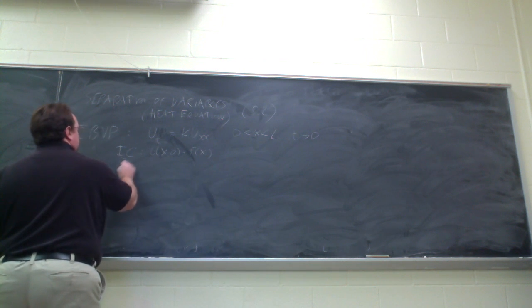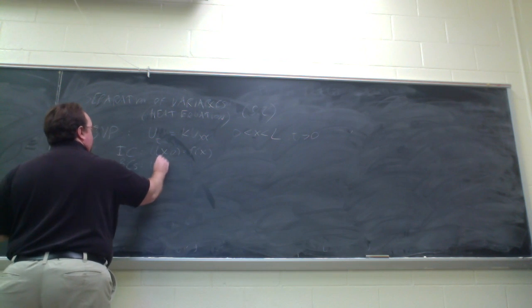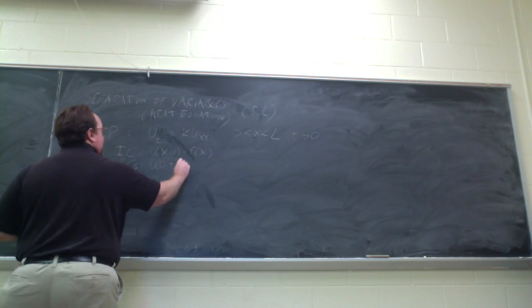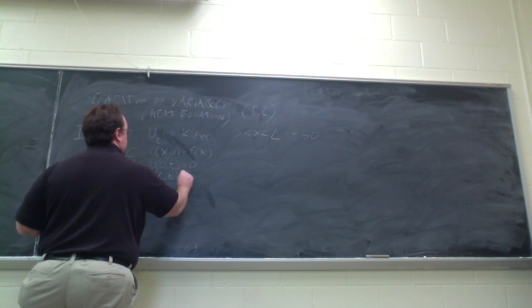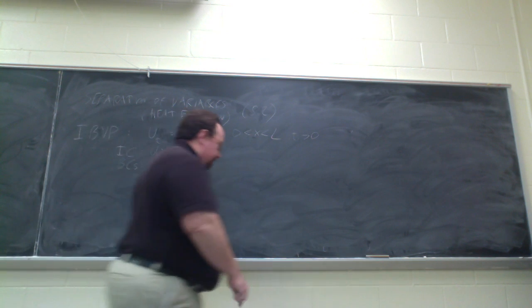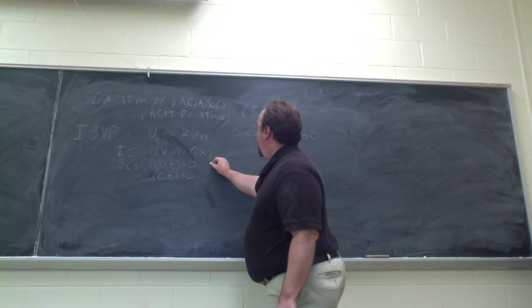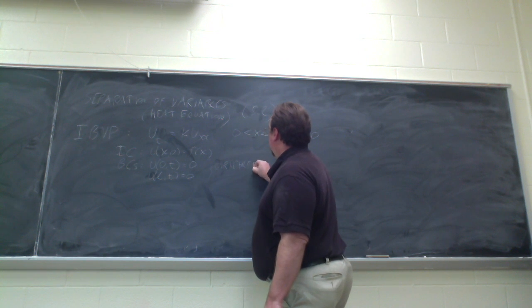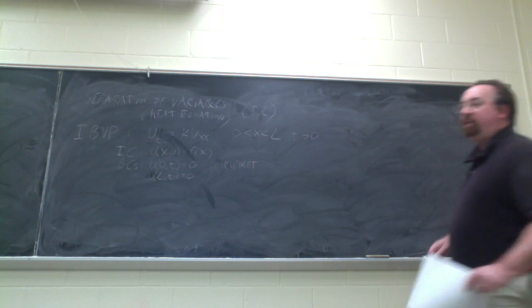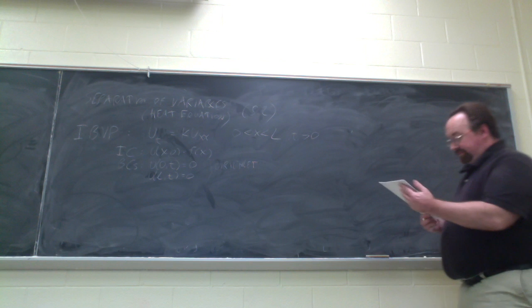And then our boundary conditions, we're going to require that the solution is equal to 0 on the boundary for all time. These are known as Dirichlet boundary conditions that specify the value of a solution at the boundary, as opposed to, for instance, Neumann conditions, which specify the first derivative at the boundary.